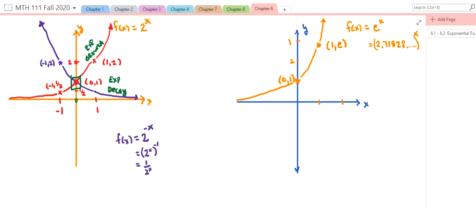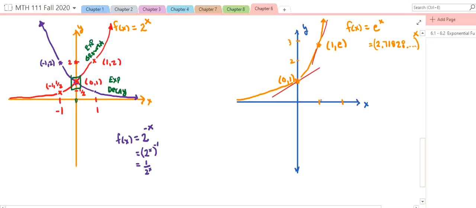Now, the exponential function is a really cool function. So we call this the exponential function, because if you were to take the slope of the exponential function at any point, it doesn't matter what it is, the value of the exponential function equals the slope of the exponential function.